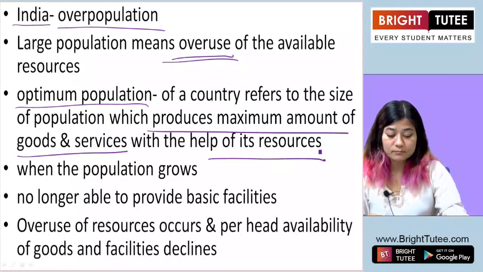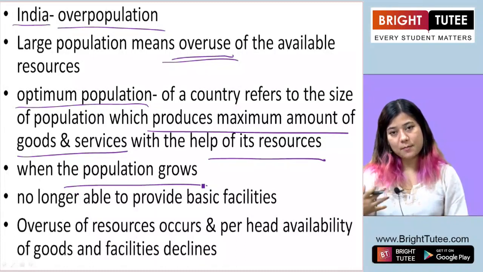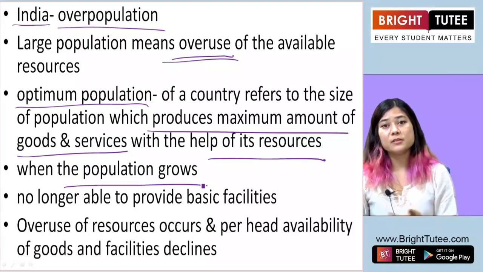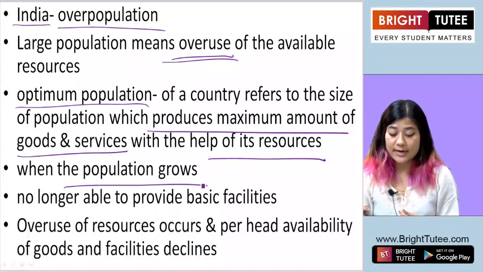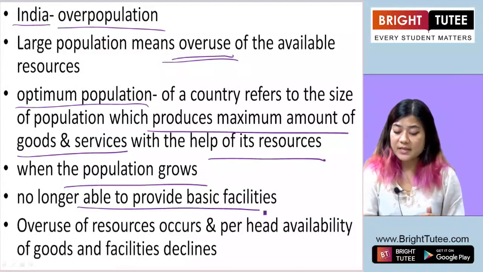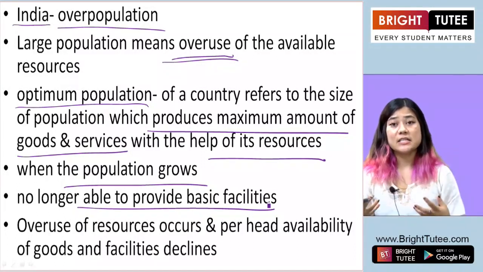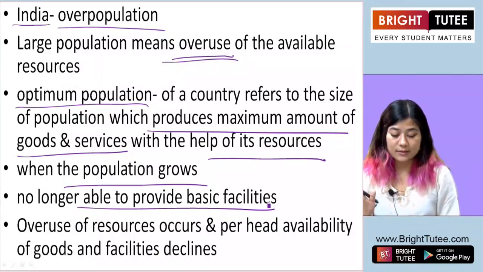Now, if the number of people keeps on growing, people keep producing more children, then the population grows. Then there will be a state where basic facilities cannot be provided to each and every individual in that country or in that area.